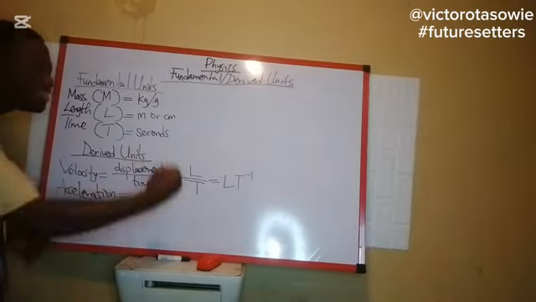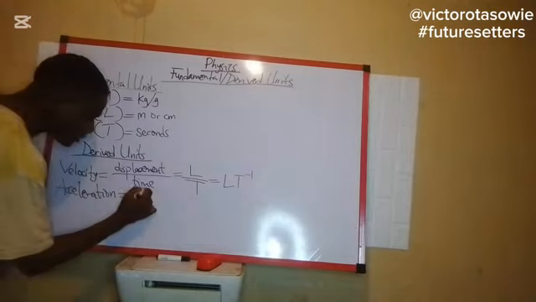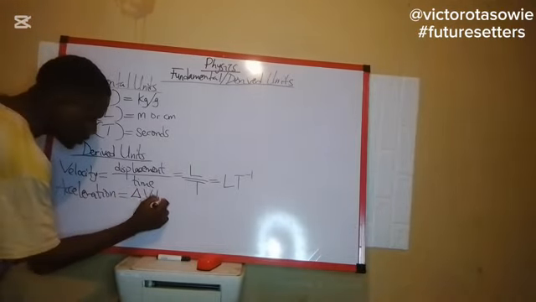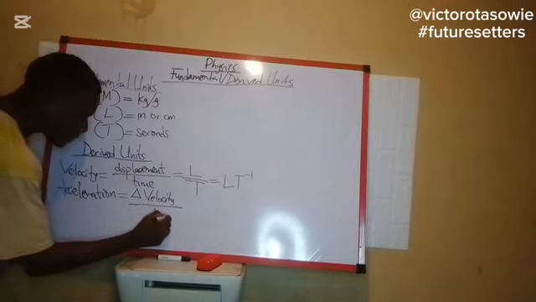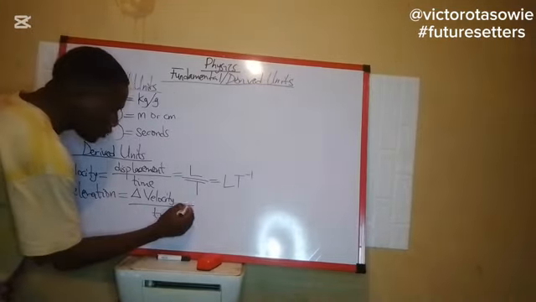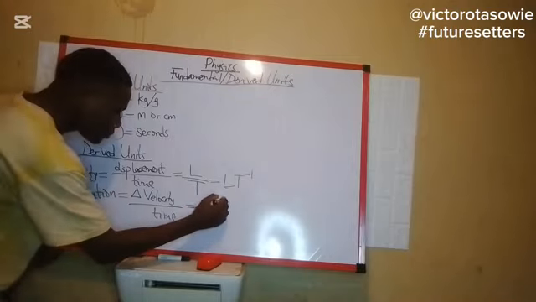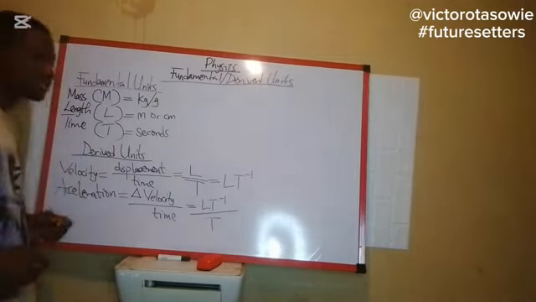Acceleration is the change in velocity per unit time. So we are going to use our knowledge of velocity to put it on top. Then we are still dividing it by time.